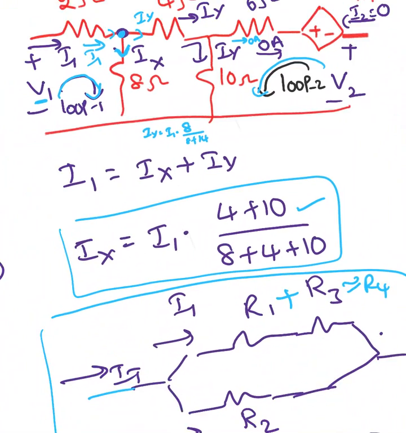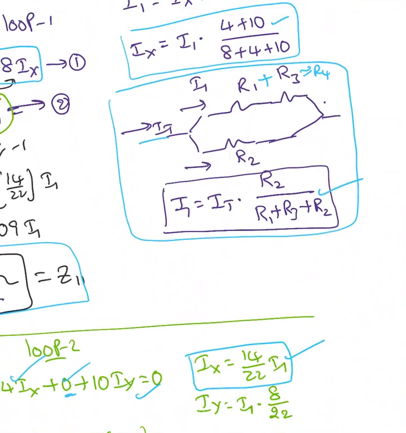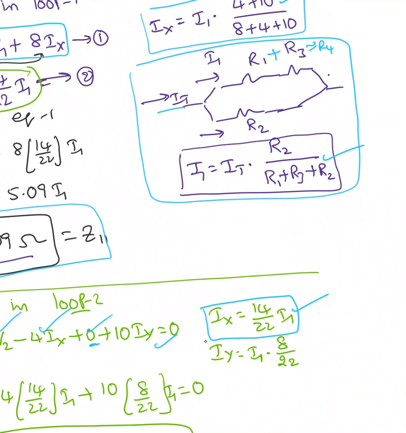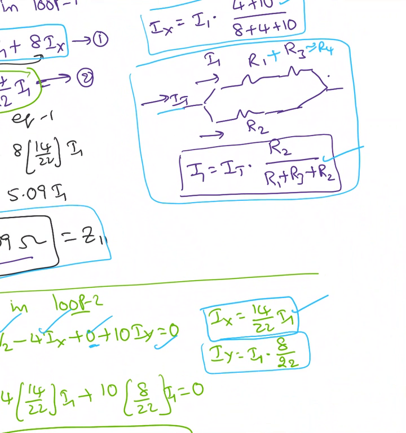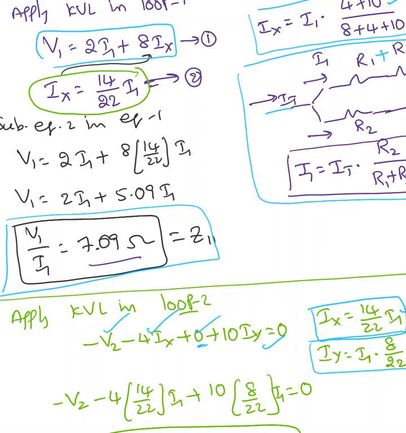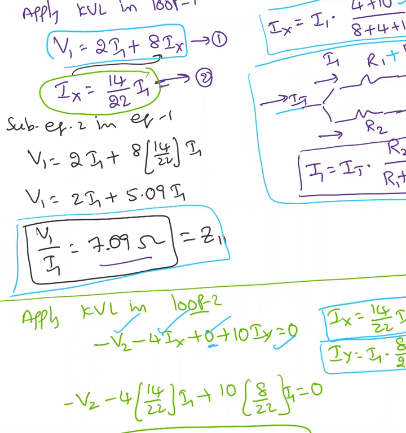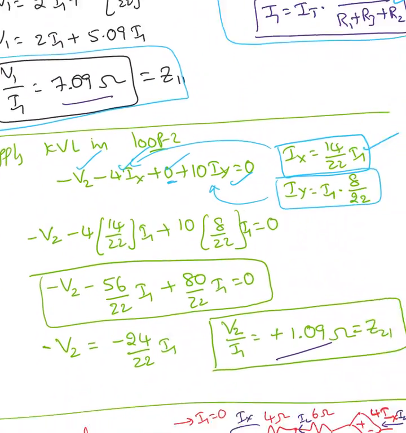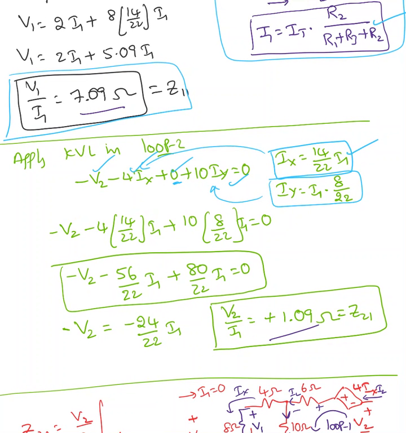So Iy equal to I1 times 8 by 22. I substituted these two values, Ix and Iy. After substituting, I end up with V2 over I1 equal to 1.09 ohm. That is my Z21.